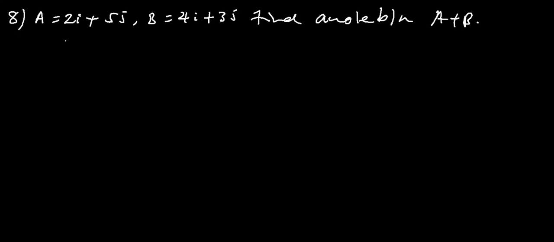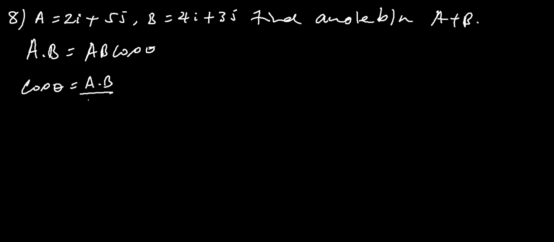Question number 8: if two vectors are given, a is 2i plus 5j and b is 5i plus 3j, find the angle between them. To find the angle between vectors, we can use a dot b equals magnitude of a times magnitude of b times cosine theta. Therefore cos theta is a dot b over magnitude of a times magnitude of b.